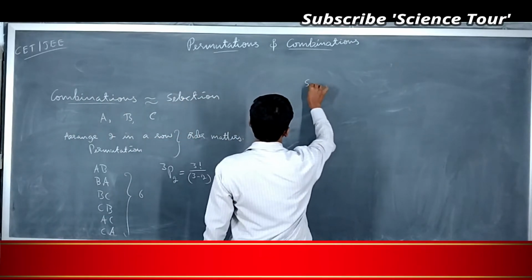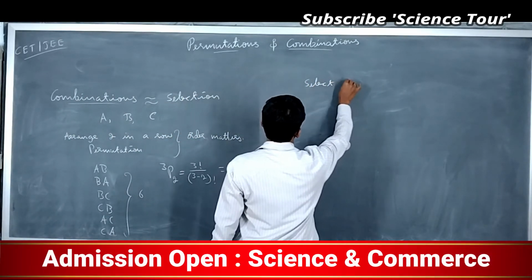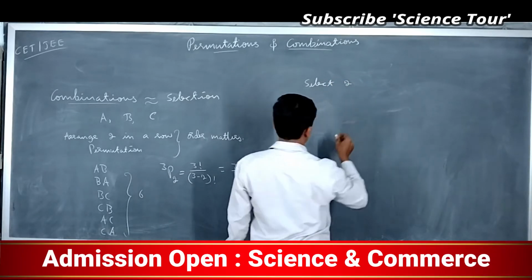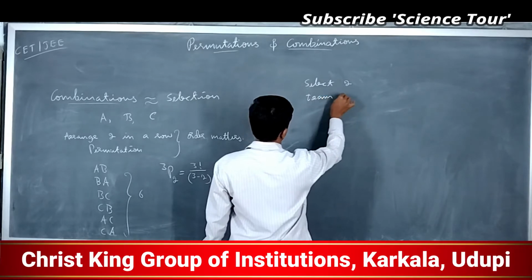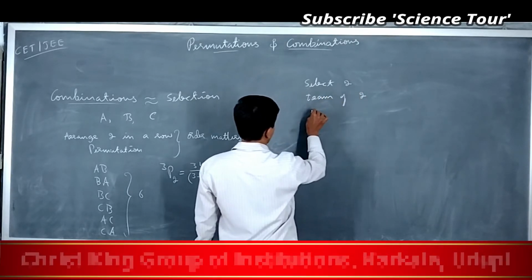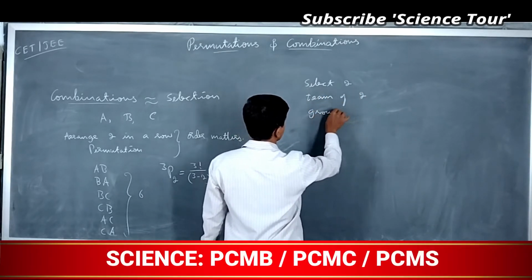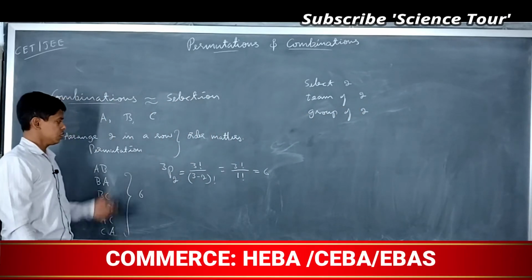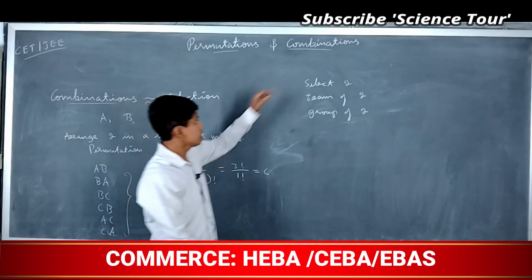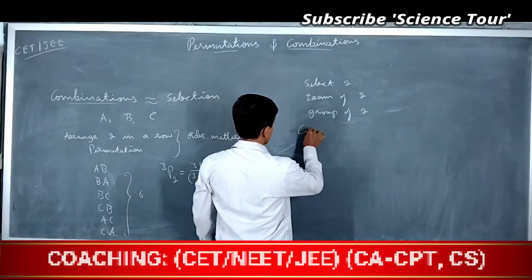You have to select 2 and make a team of 2 or make a group of 2. In all these cases you have to use combinations.